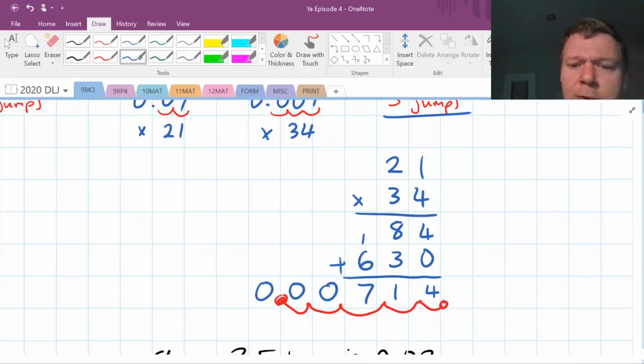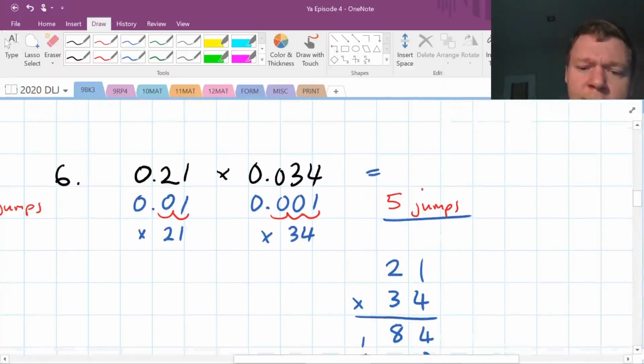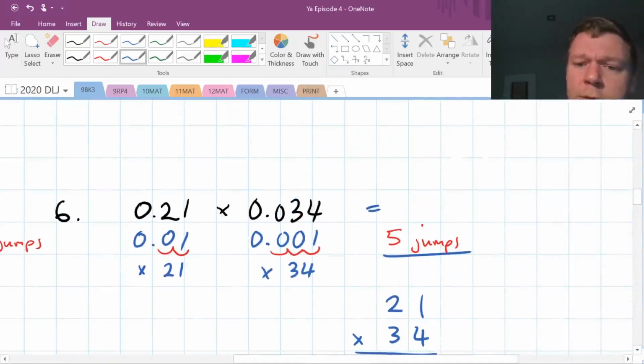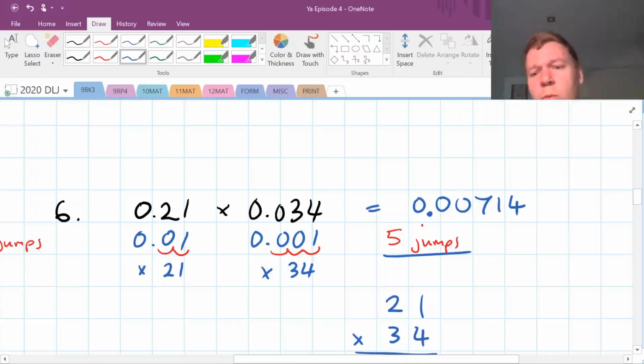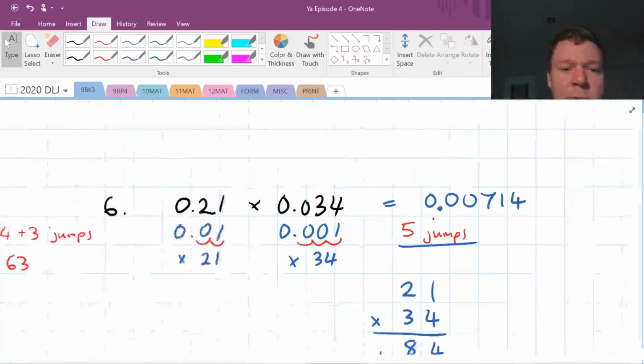So our final answer for this, how many zeros was it? 3 zeros and then 714. 0, 0, 0, 7, 14. Decimal point. Alright. Moving on to the division.